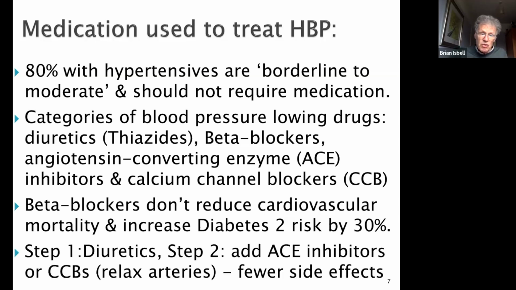So a normal approach will be step one of using medication would be using diuretics. Step two would be either using ACE inhibitors or the calcium channel blockers, the CCB, as they're referred to. And those should have fewer side effects using that approach.